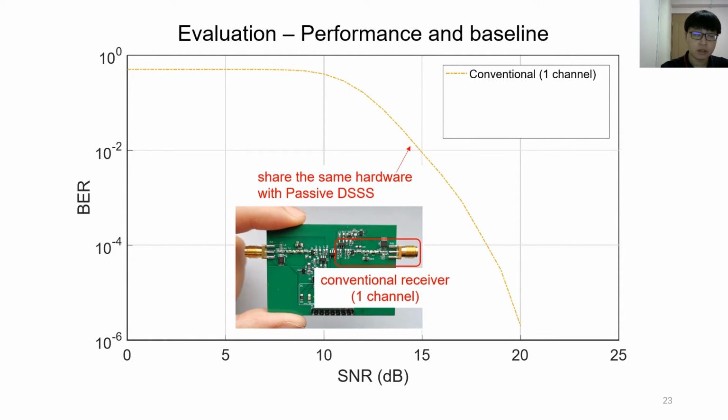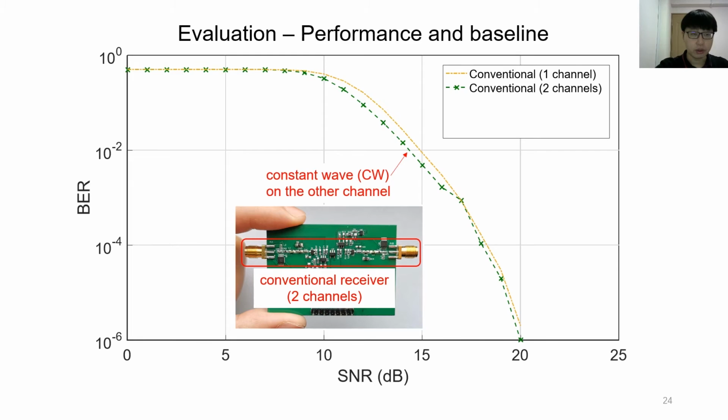Let's first see the performance of conventional receivers that use envelope detectors. As our prototype also uses envelope detectors, we choose one channel of our prototype as a conventional receiver. Then we use both channels. On the other channel, we transmit a constant CW so that we can use the whole circuit. We can see the result is close to the one-channel case.